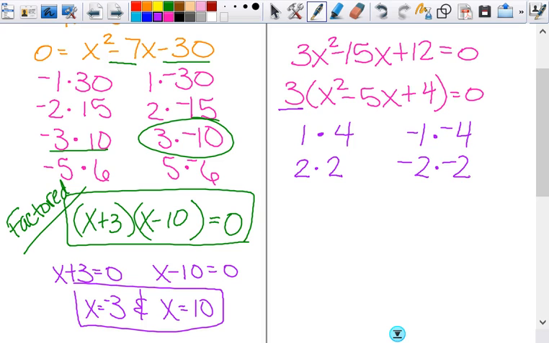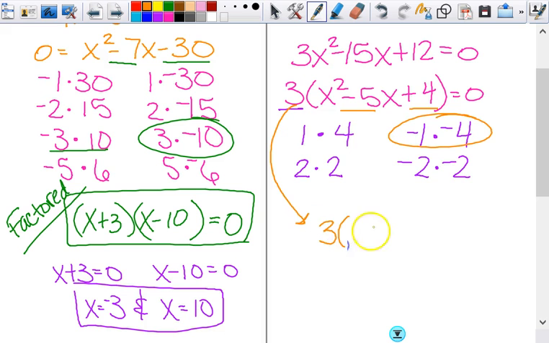Those are my choices. Remembering that I need to make it multiply to give me this number, my C, and combine to give me this number. So that means it's going to have to be these negative ones, and -1 times -4 gives me a +4. -1 plus -4 gives me a -5. So here's the winners. And then when I factor, that's where my GCF comes down here.